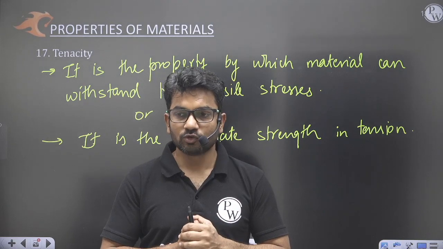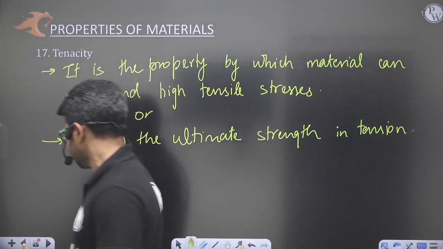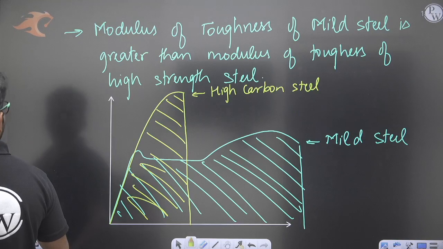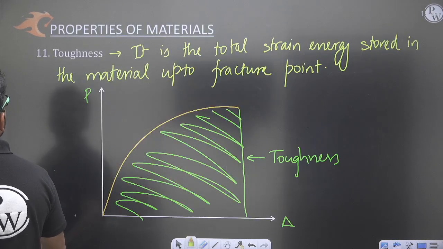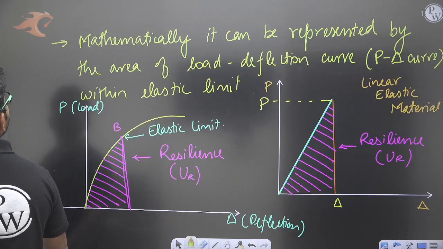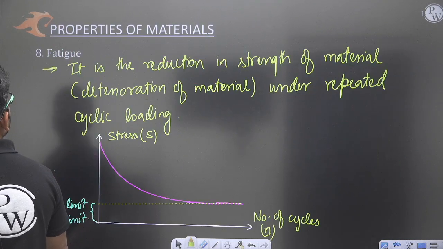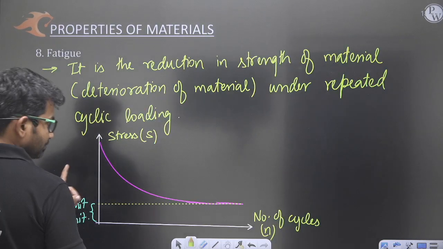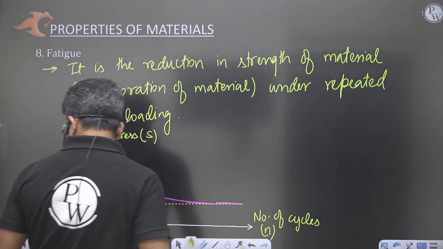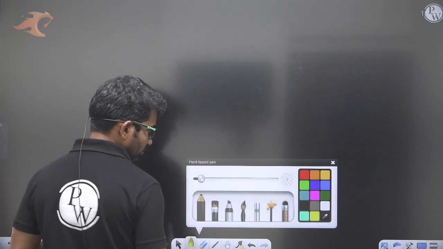Yes, in fatigue, one thing is important. Let me explain. Fatigue strength is important to note. What is fatigue? If I am applying cyclic loading or reversal of stresses, a microscopic crack, a very small crack, will develop, and the propagation of that crack will increase.